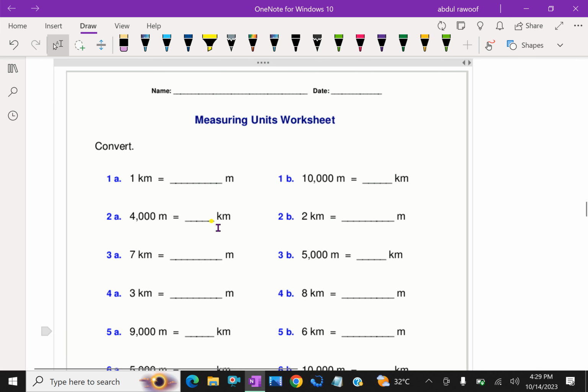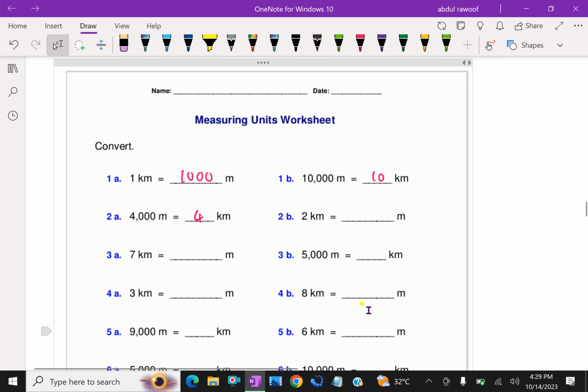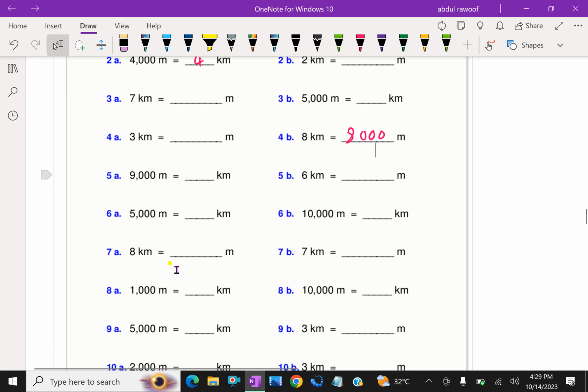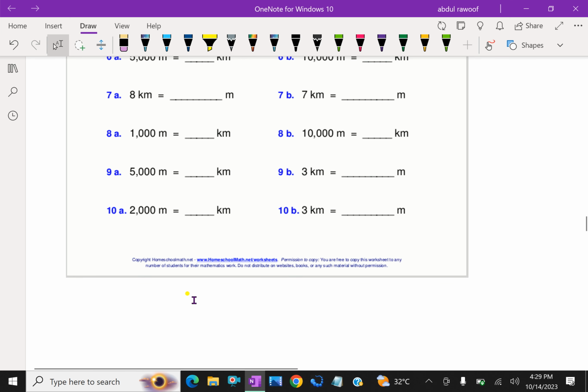Next, 1 kilometer is 1000 meters. 10,000 meters is 10 kilometer, 4,000 meters is 4 kilometer, 8 kilometer is 8,000 meters, and 2,000 meters is 2 kilometer.